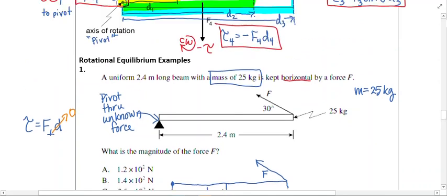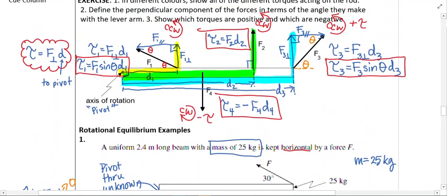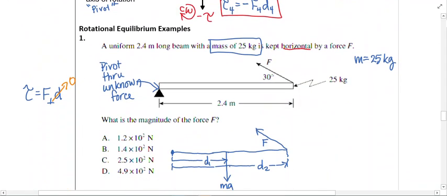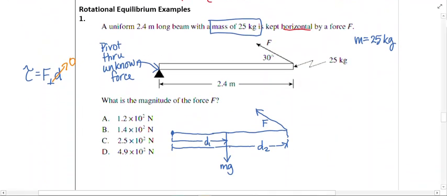Now, just like what we did up here, we're going to break our angled forces up into perpendicular and parallel components. So the first thing I'm going to do is say, hey, this force is at an angle. So I'm going to break you up into your perpendicular component, F perpendicular, and your F parallel.